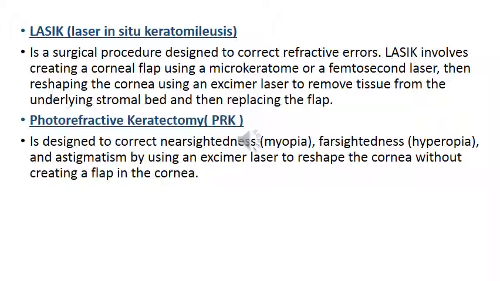Well, in PRK, photorefractive keratectomy, we use the excimer laser directly over the cornea to reshape it without creating a flap. That's the difference. Both of them are used for common refractive errors: astigmatism, myopia, hyperopia.